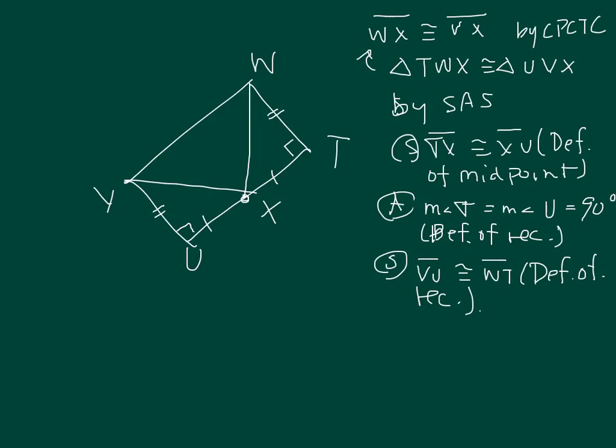As we went through, we proved the isosceles triangle theorem. The isosceles triangle theorem says that if we have an isosceles triangle, then the base angles are congruent.